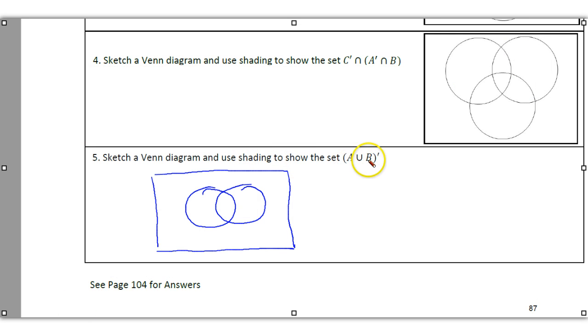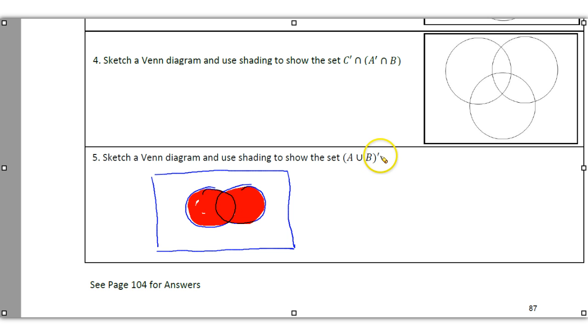So in example 5, you might say, well, we want the union of A and B. Well, the union of A and B would be this. But they didn't want the union.